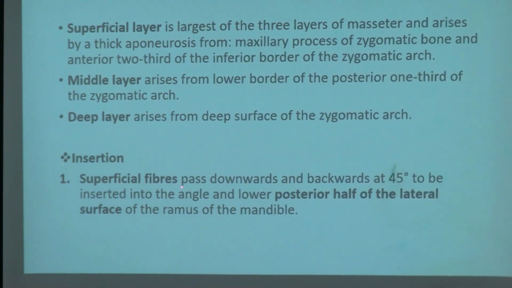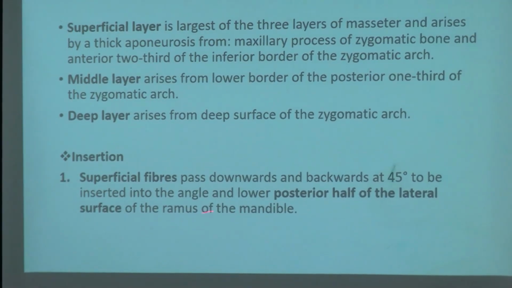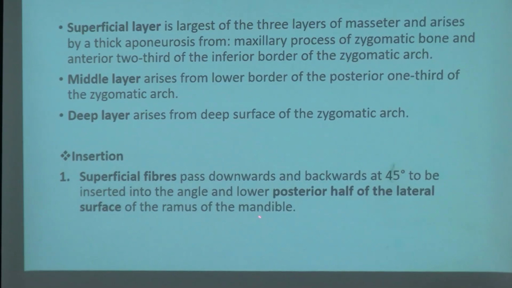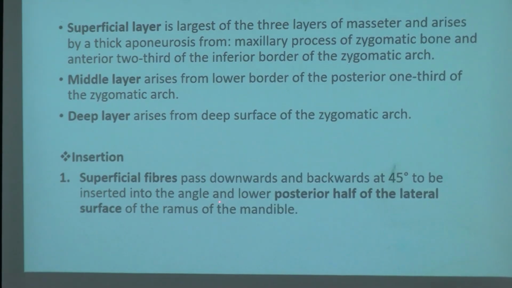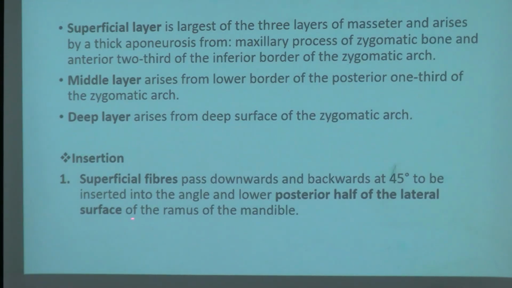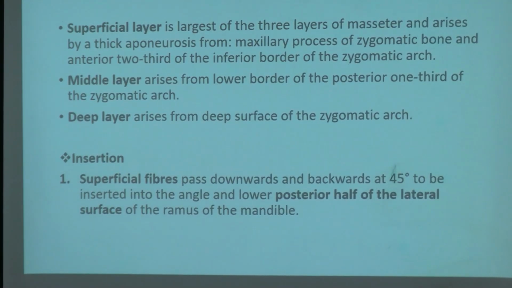Insertion: superficial fibers pass downward and backward at 45 degrees to be inserted into the angle and lower posterior half of the lateral surface of the ramus of the mandible. So, it will insert into the angle of the mandible and also to the lateral surface of the mandible. So, which one is the angle of the mandible here?